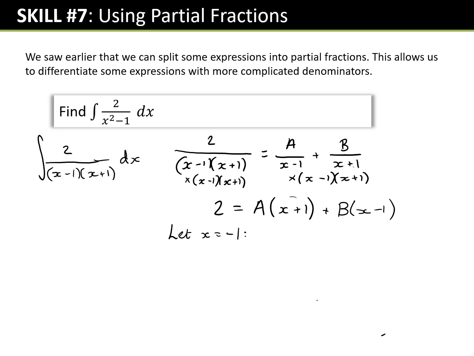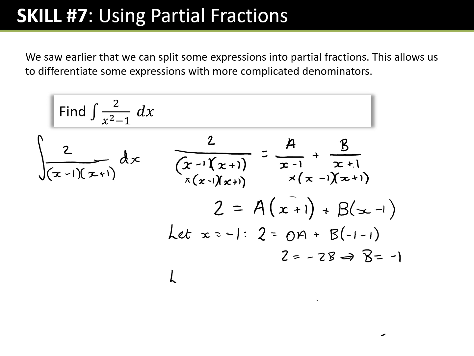In which case, the entire equation would become 2 equals 0 times A, so that just disappears, so 0A, plus minus 1 times B lots of minus 1 minus 1. So this is the same as 2 equals minus 2B. So B equals minus 1.